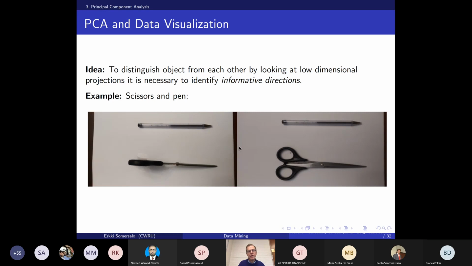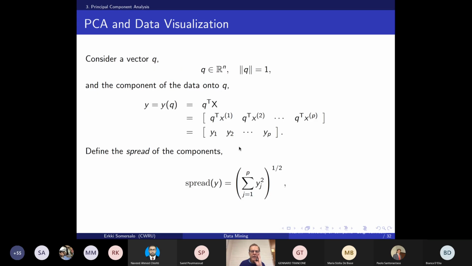Keeping in mind this scissors example, a good criterion is to find the directions where the spread of the data is largest possible. And so here is the idea put in linear algebraic form. I have a vector q, and I'm taking this q to be normalized so that its length is 1, meaning the Euclidean length, the L2 norm.